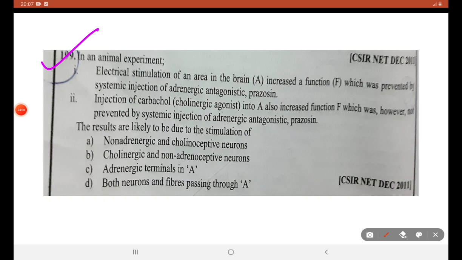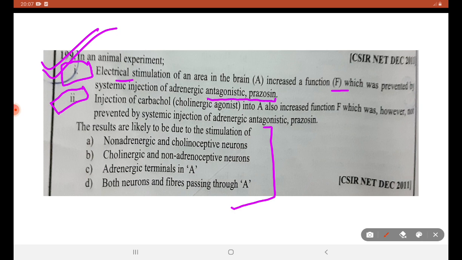This is an experimental question. Electrical stimulation, we have two given statements and we are asked to find the correct options. Electrical stimulation of an area in the brain A increased the function F, which was prevented by systemic injection of adrenergic antagonist prazosin.